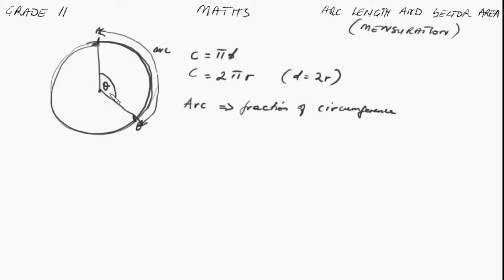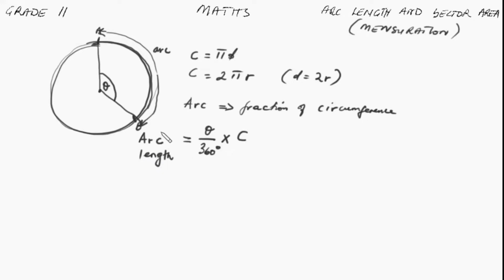That is the revolutionary angle. A fraction of that angle would be theta over 360 degrees. If we want to find the arc length, it is this fraction of the circumference. Of means multiplication. So this fraction multiplied by the circumference would be the arc length.